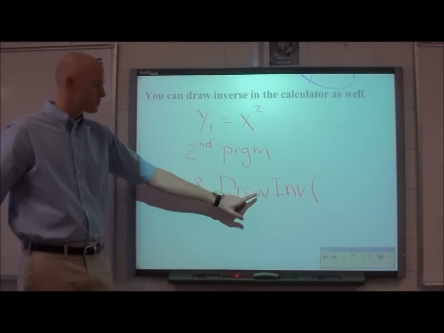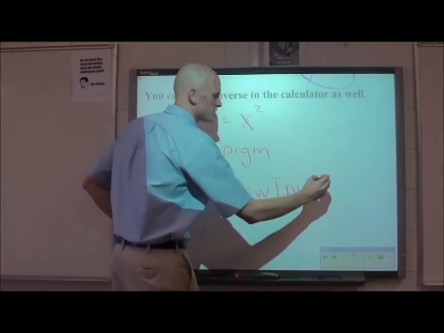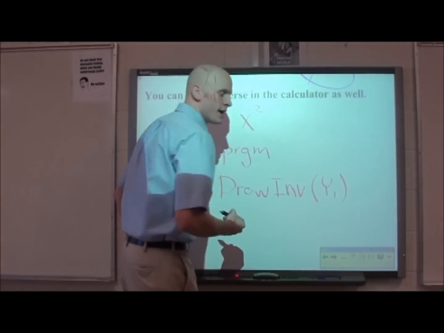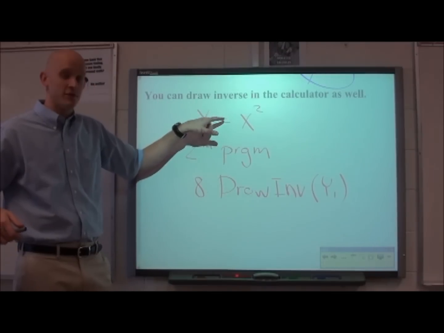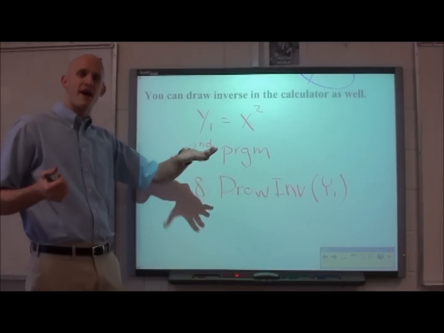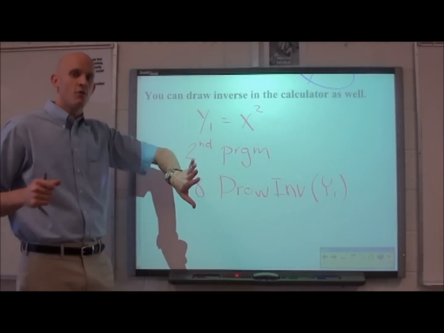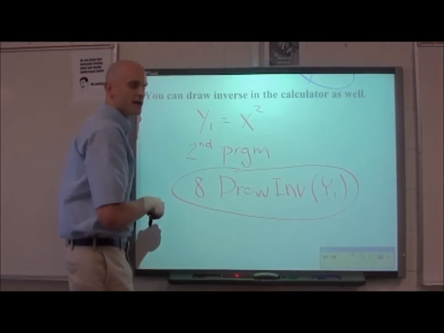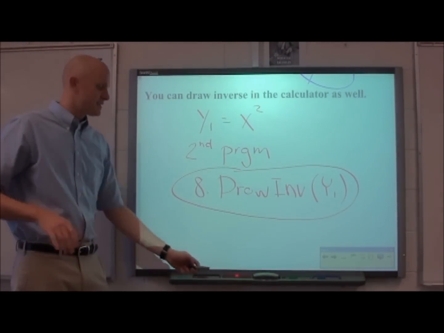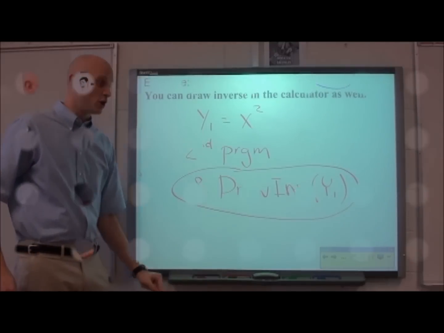If you're on the home screen, you can enter this and then just put y1, and then it will take you to the graph and it will have a sketch of the inverse of this. All it's going to do is reflect it over the line y equals x. So this is just another calculator command that you can use if you need to see what a picture of the inverse would look like.